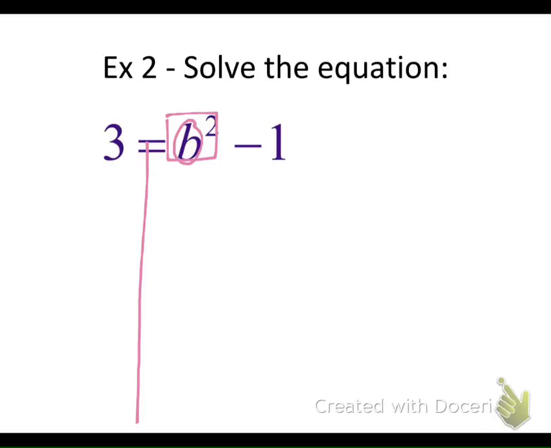Anything on the square side of the line of equality that is not inside of that box, we have to get rid of. We want to get that square by itself. So what number do I have to get rid of there? How do I do that? Remember the golden rule. Whatever I do to one side of the line of equality, I must do to the other. So on my right side, I bring down my b squared, my equal sign, and then I simplify my left side.